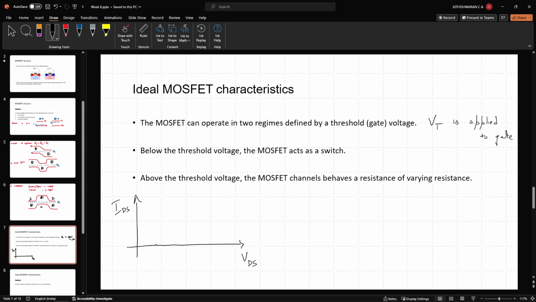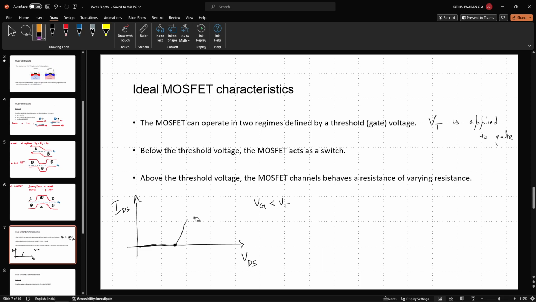So for VG less than VT, what will essentially happen is, up to a certain voltage, we will have no current flowing, and then after that, in the theoretical limit, a switch should be a closed circuit, so it should just rise up.